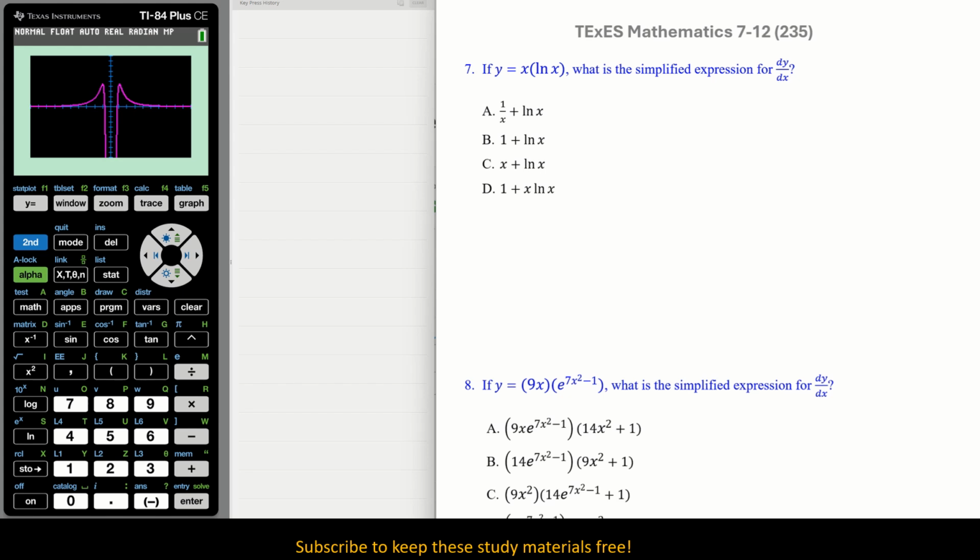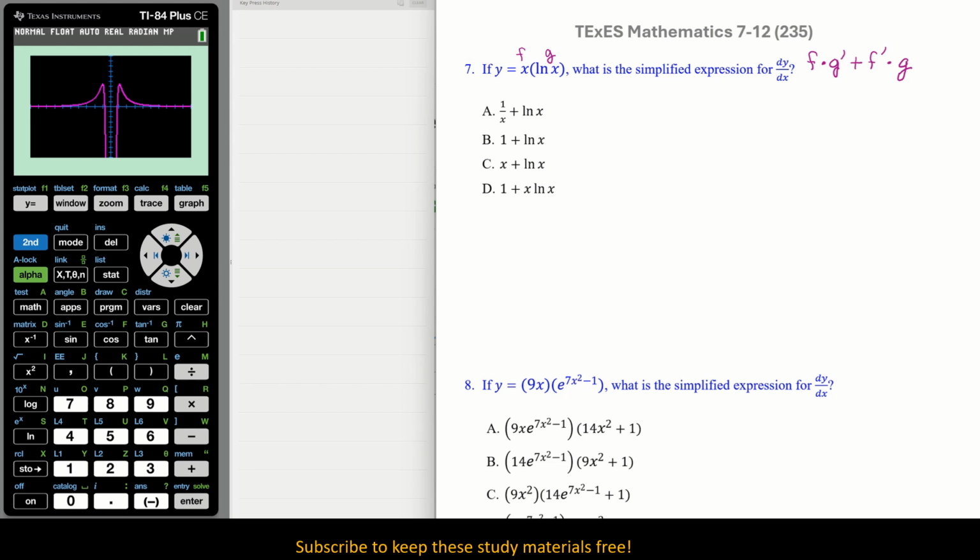The x, we're going to call that function f, and the ln x is function g. And this is how you'll be taught: leave f as is times g first derivative, plus f first derivative times g as is.